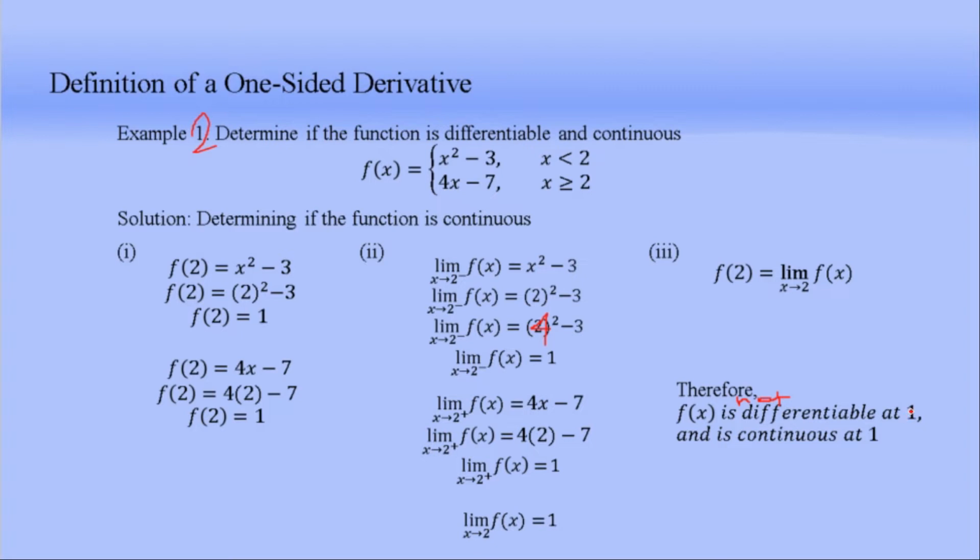Again, the conclusion for this example is that f of x is not differentiable at point 2 but is continuous at 2.